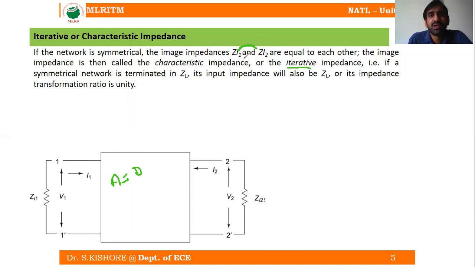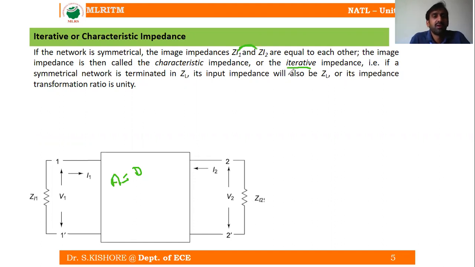Even if the parameters are varied, ZI1 and ZI2 are going to be equal because it is symmetrical. That is why it is known as the iterative impedance. So if the symmetrical network is terminated with the load ZL, the input impedance is also going to be equal to ZL.